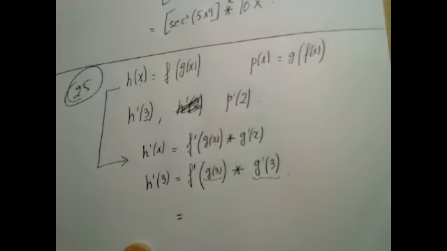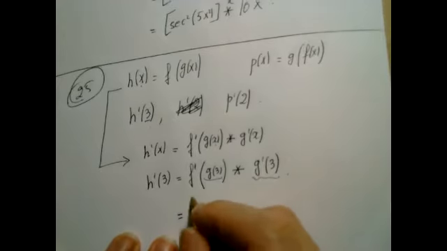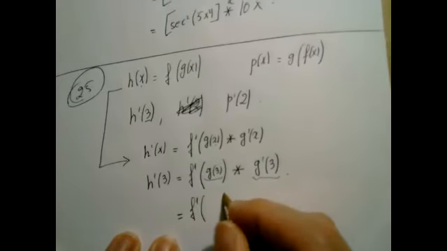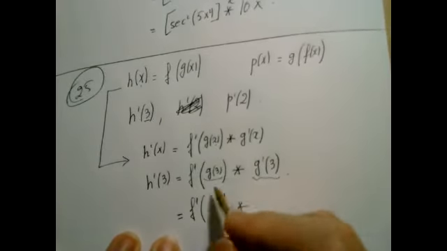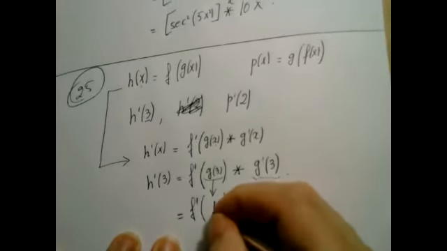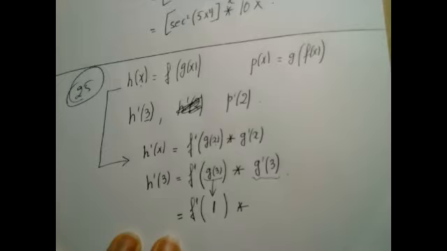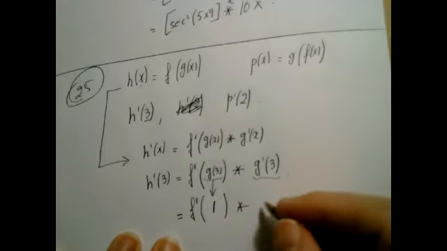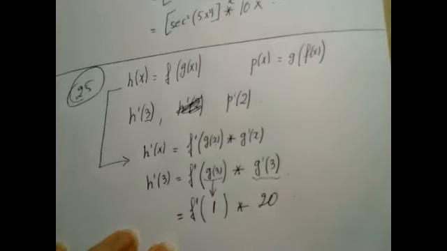According to the table, g of 3 is 1. G prime of 3, according to the table, is equal to 20.